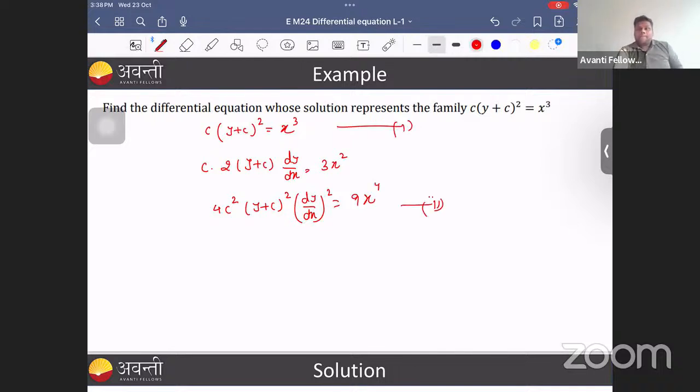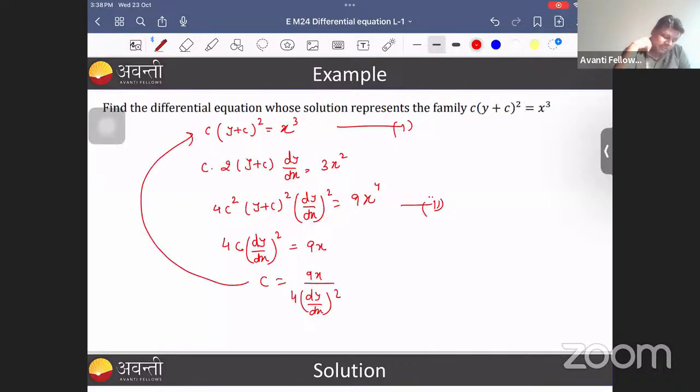So, if you divide both of them, you get 4c into (dy by dx) whole square is 9x. Now, this value of c is 9x upon (dy by dx) whole square into 4. You just replace this value of c here.